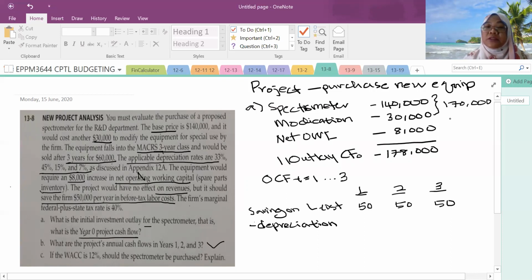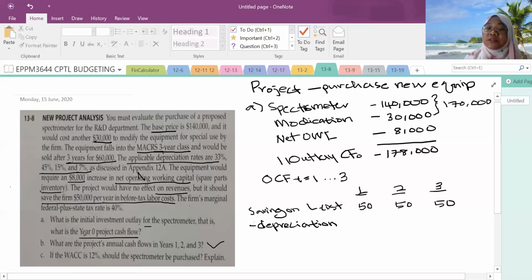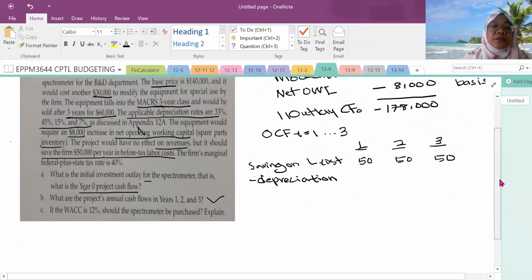Because when we calculate the depreciable value, it would include all costs until the asset is operatable, sampai dia operating. So the depreciable basis is 170,000. Let's take that value to calculate the depreciation.